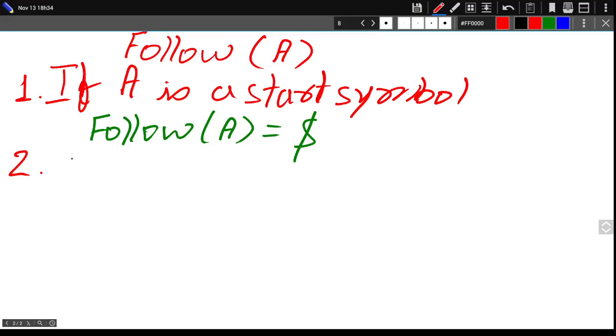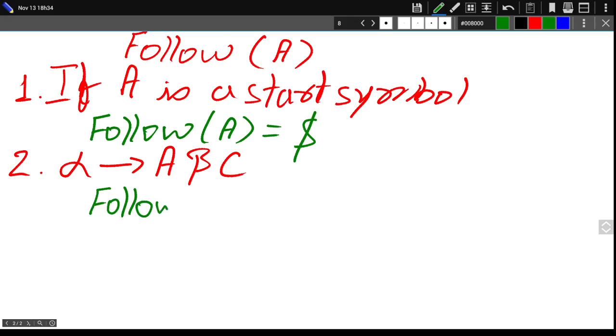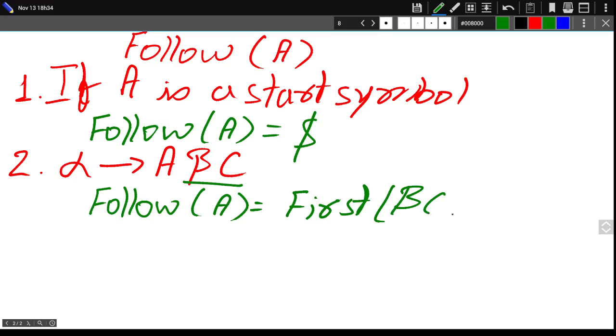Suppose there is a production alpha derives A beta C. Now if you try to find follow of A, it will be first of the remaining part, beta C.